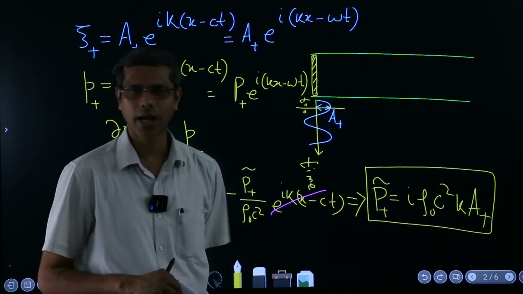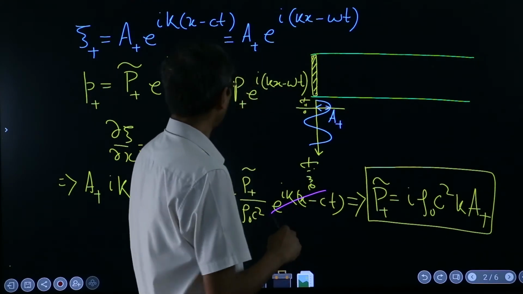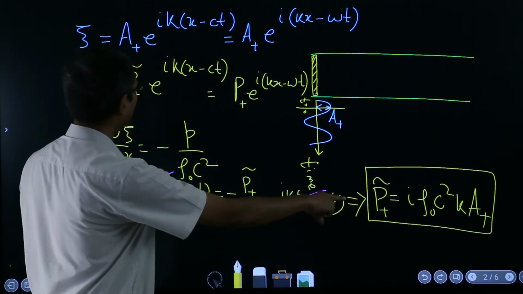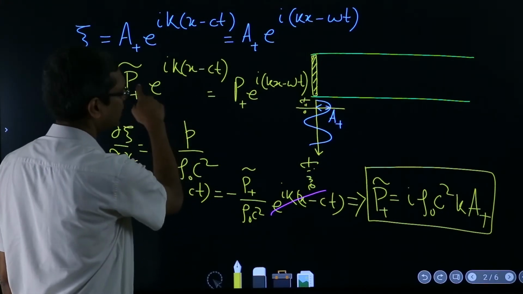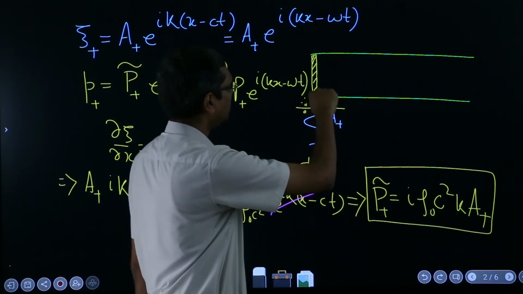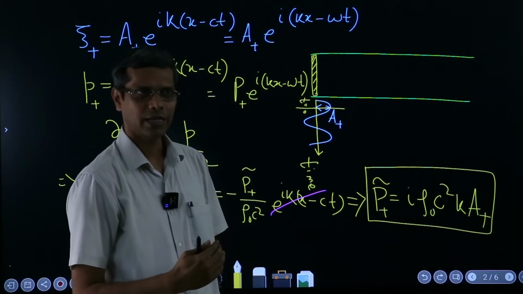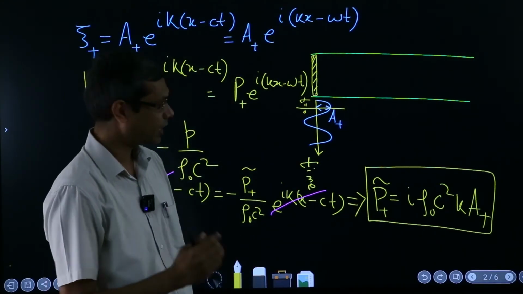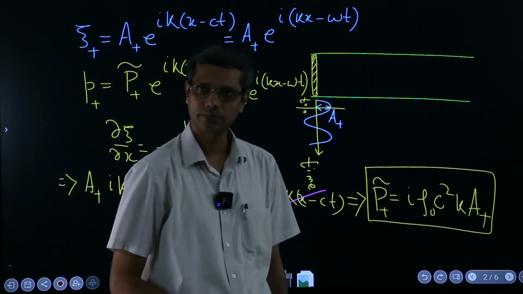A multiplication by i means a phase of pi by 2. So now what does this tell you? It tells you that the pressure wave is having a phase with respect to the displacement. Fine.